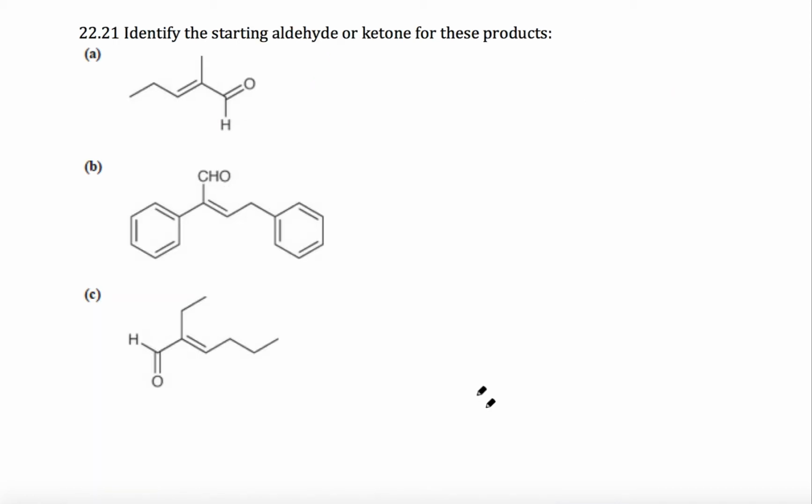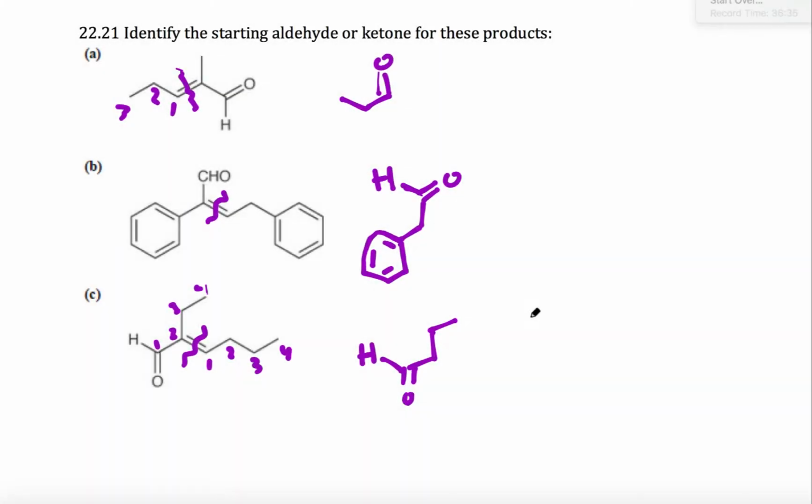All right, now it's your turn to think about what the starting materials are that you use to make these aldol condensation products. Go ahead and give these a try. Okay, and so for each of these, it turned out that they're symmetrical, meaning that I had one aldehyde that ended up attacking another aldehyde like itself. So there's really only one starting aldehyde or ketone.